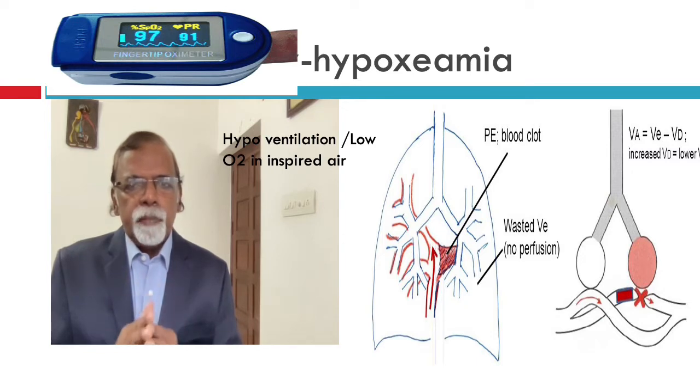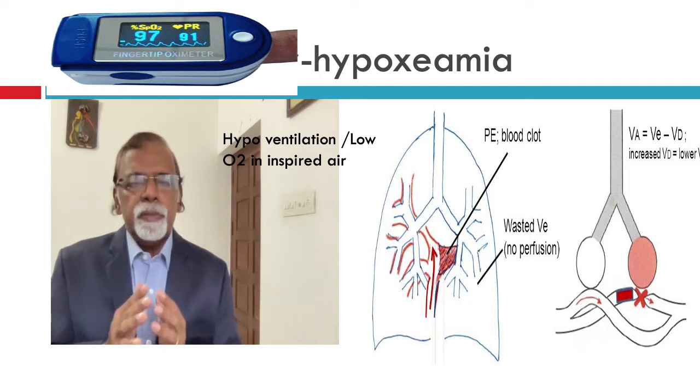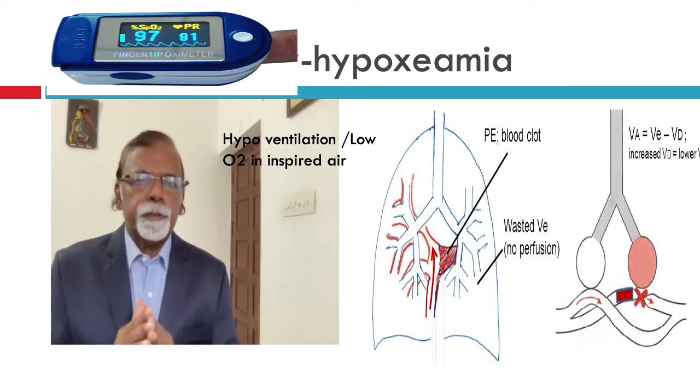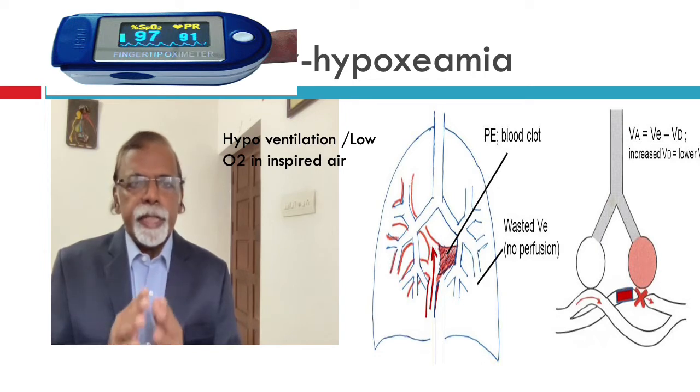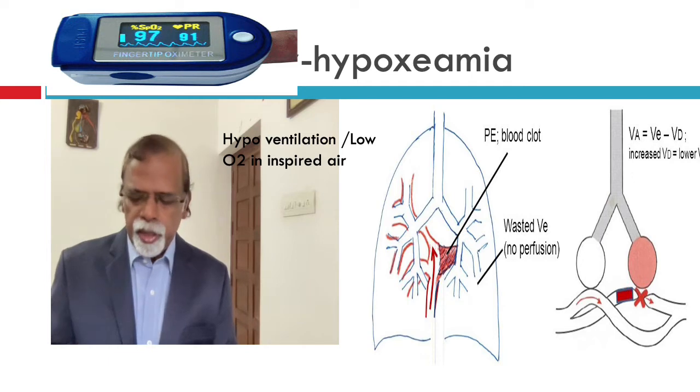When there is a neuromuscular paralysis, as in myasthenia, organophosphorus poisoning sometimes producing muscle weakness, or Guillain-Barré syndrome, high cervical cord injury, all these can be due to hypoventilation. Another important thing is poisoning with sedatives. So hypoventilation and decreased oxygen in the alveoli can lead on to hypoxemia.